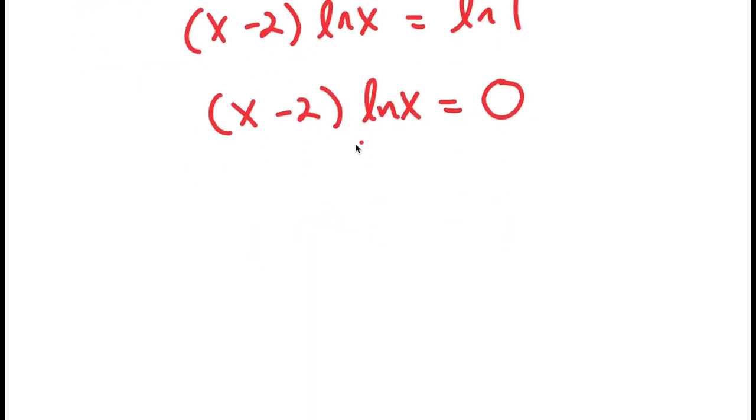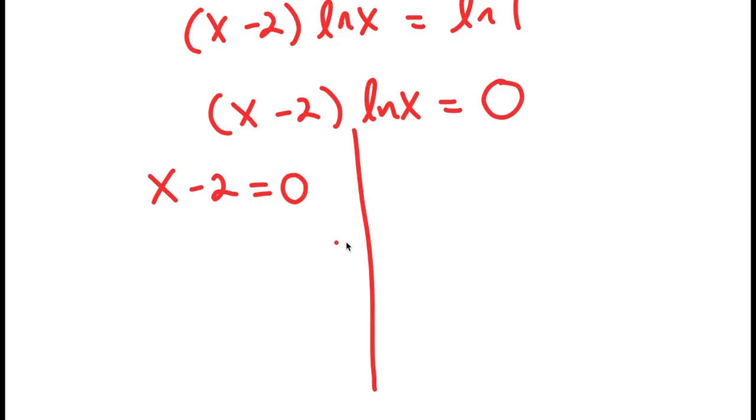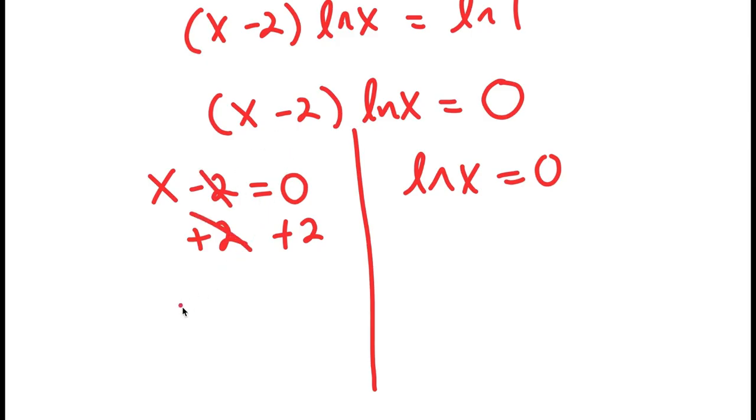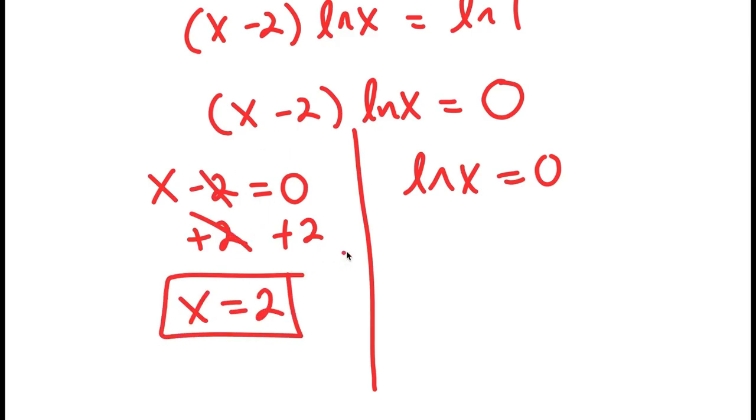And now I basically have two different equations. My first equation is x minus 2 equals 0, and my second equation is ln of x equals 0. Let's solve the first equation because it's the easiest. All I have to do is add 2 on both sides, and I get x is equal to 2. So this is one solution.